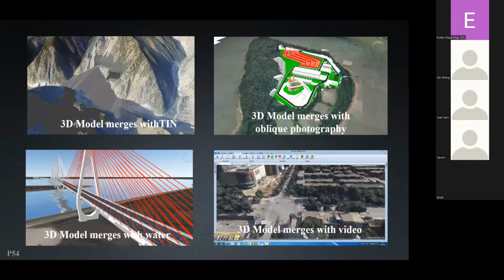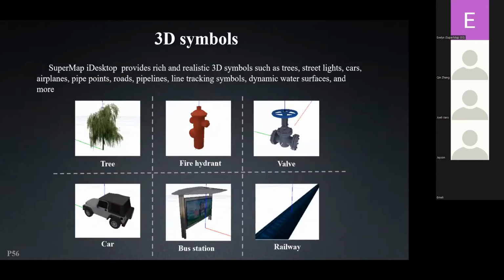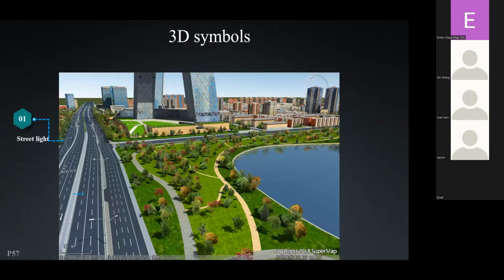So you can monitor, just like here, we can monitor the traffic in real time. And SuperMap also provides rich 3D symbols such as trees, street lights, pipelines, and others, which make this scene much more beautiful and real.